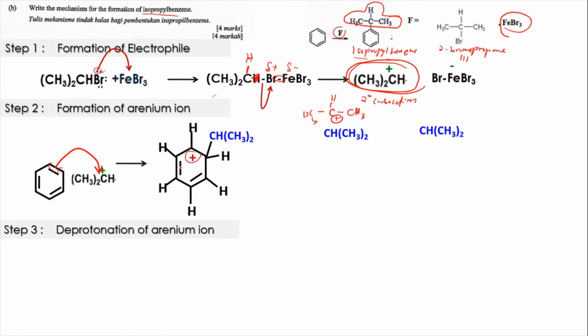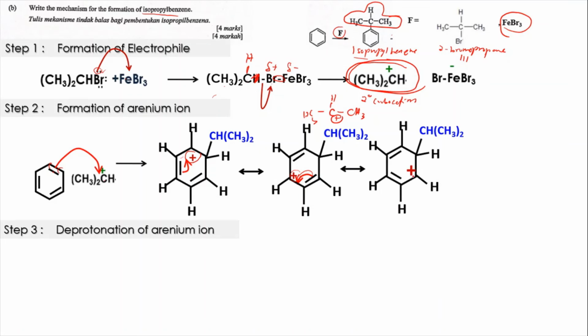So the 2 electrons here can be transferred into this end here in order to make a double bond. And as a result, the positive charge is transferred into here. Okay, and the delocalization of electrons happens again where 2 electrons are going to be transferred into here, and then the positive charge is going to be here. Okay, so we have to show the formation of the arenium ion, and then we need to enclose it with a bracket. Okay, so meaning that ada banyak possibility untuk resonance structure untuk benzene tersebut.